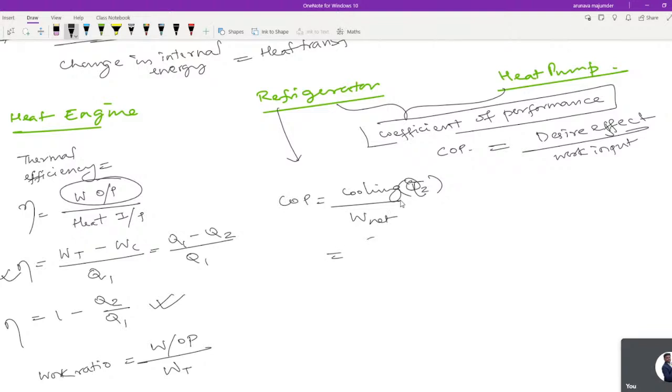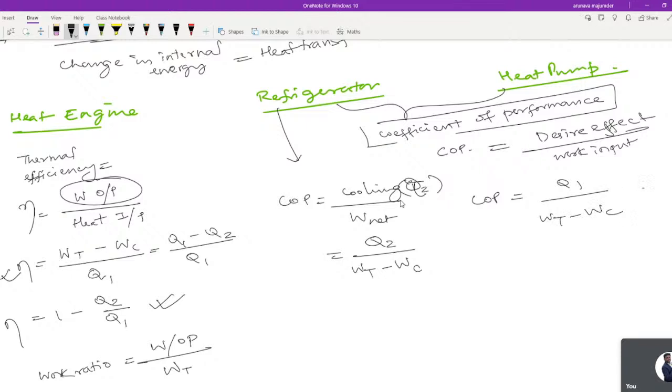So COP of the refrigerator is Q2 by WT minus WC. Whereas for the heat pump the desired effect is warming up, that is the heating effect. So COP for a heat pump is Q1, where we add heat, over WT minus WC.